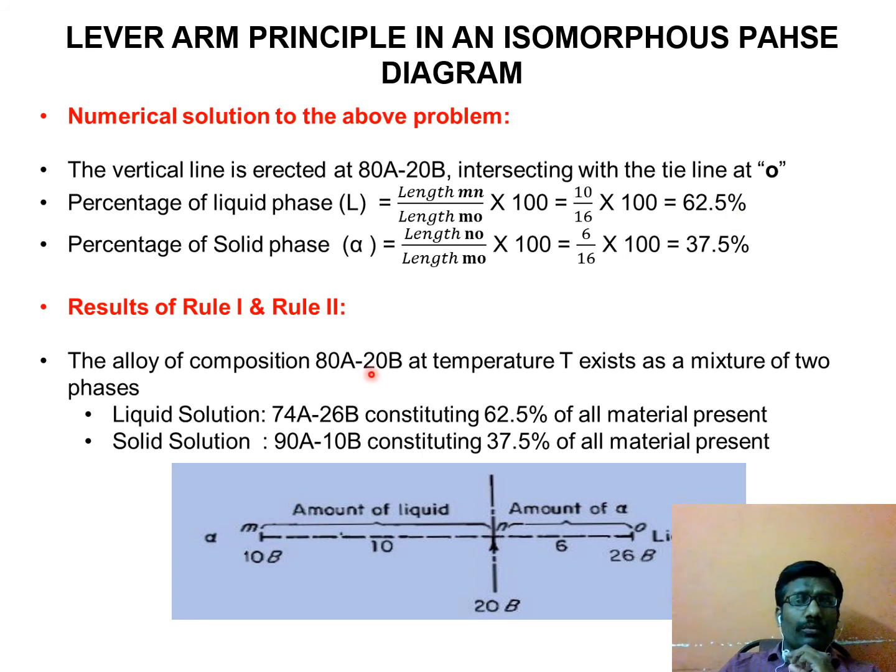From this lever arm rule, at the alloy composition of 80A and 20B at temperature T, we have two phases: liquid solution 74A, 26B, constituting 62.5% of the total, and solid solution 90A, 10B, with a percentage of 37.5%. So this is the lever arm principle. For any phase diagram, we can apply the lever arm rule and find the percentage of liquid and percentage of solid.